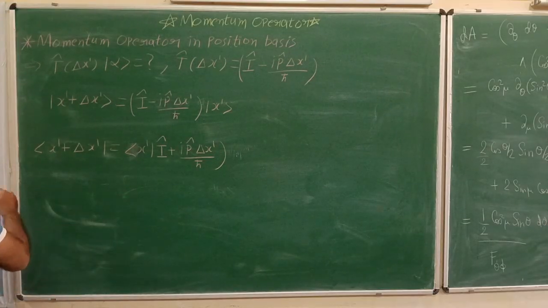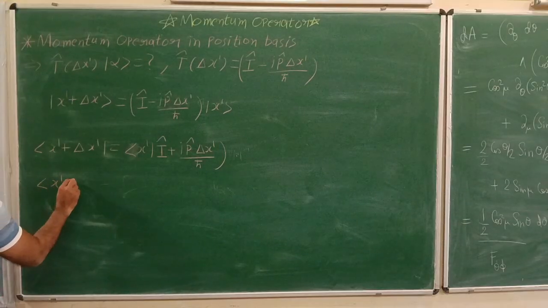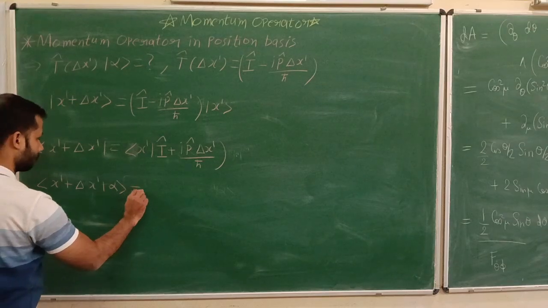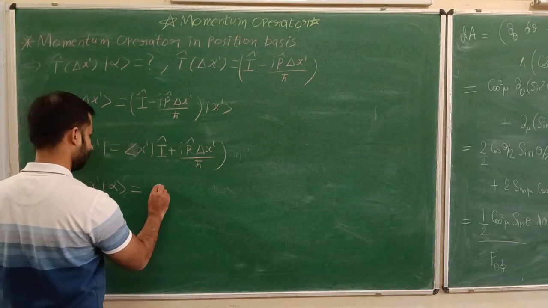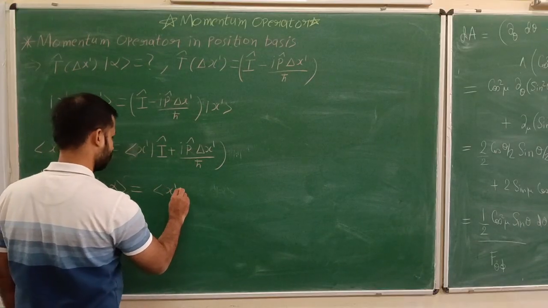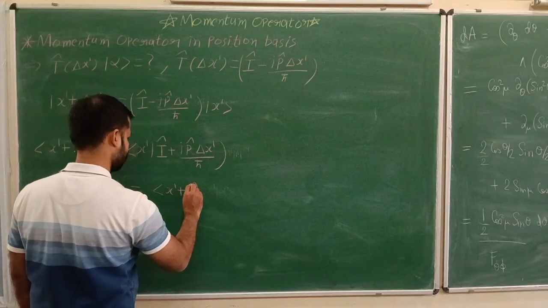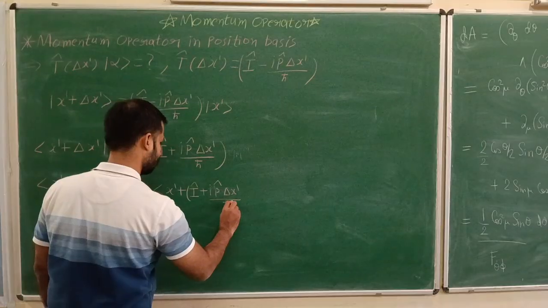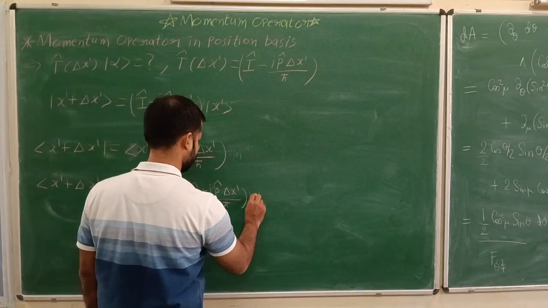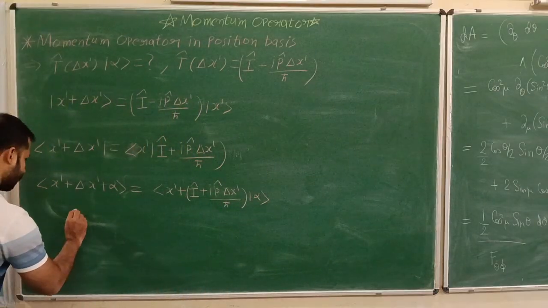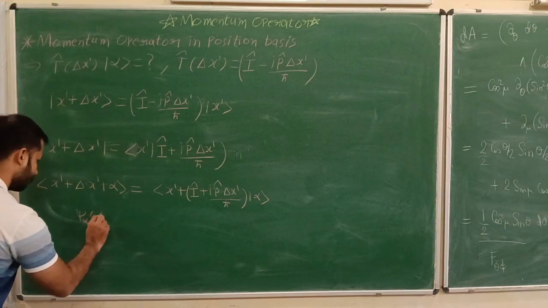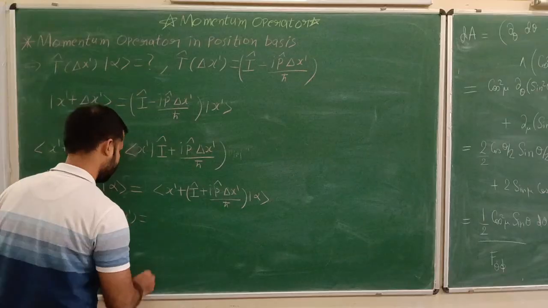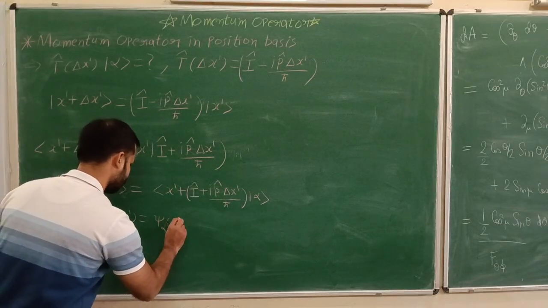So if I take inner product of both the sides with respect to this state alpha, then it will give me this is my state at rest. x prime identity alpha, which is nothing but this.